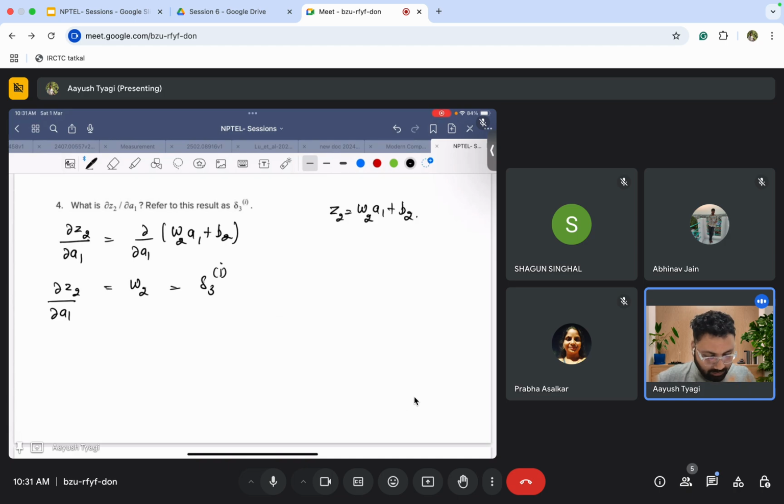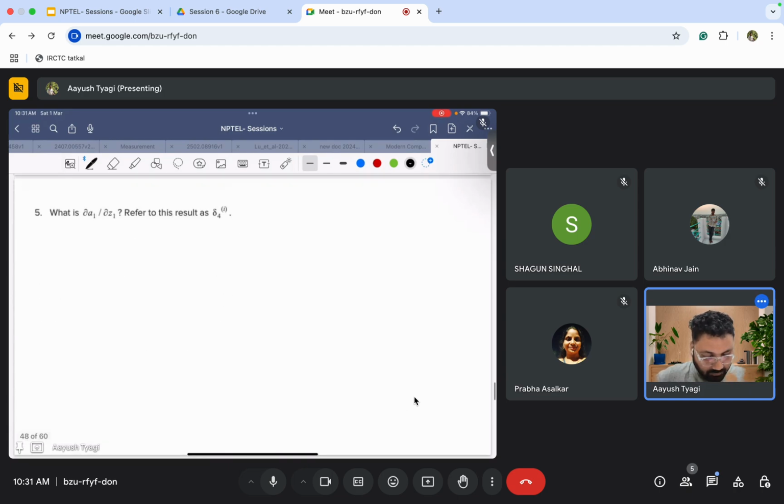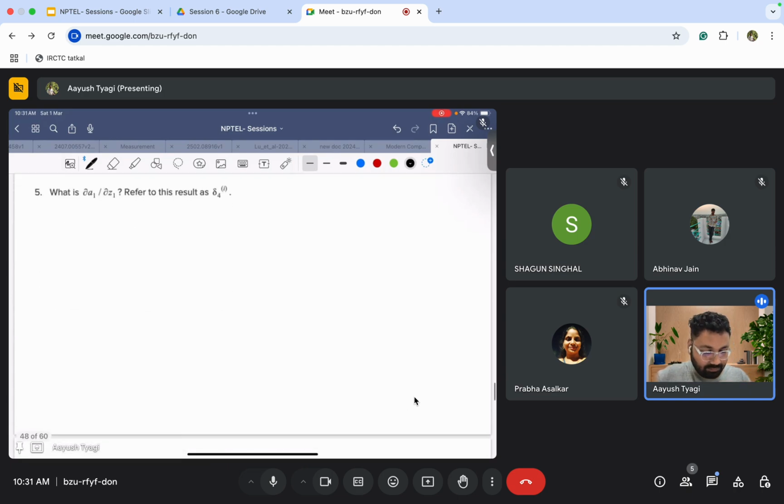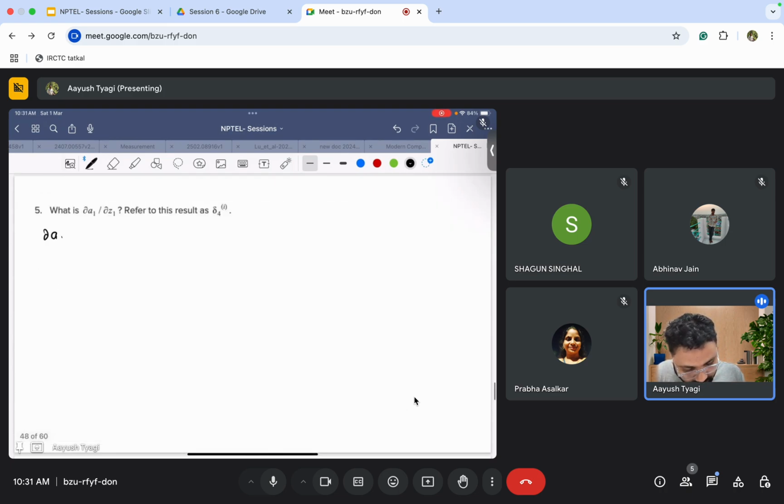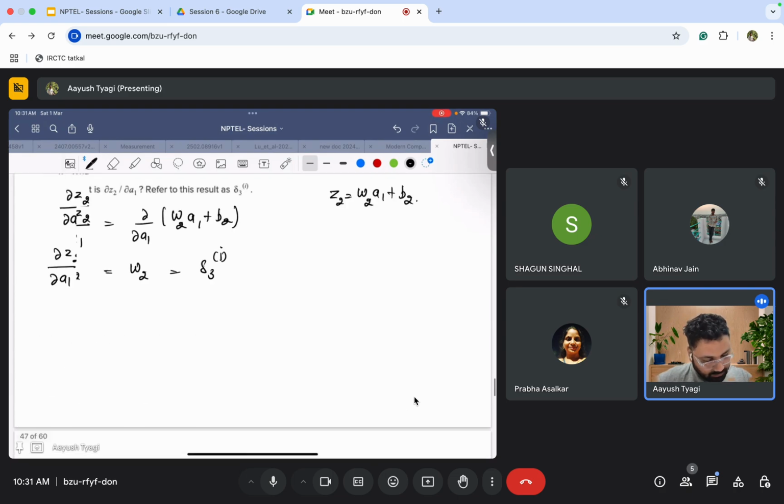Okay, great. Now we'll go one step back. What we are required to compute is the derivative of a1 with respect to z1. Let us see what a1 is.